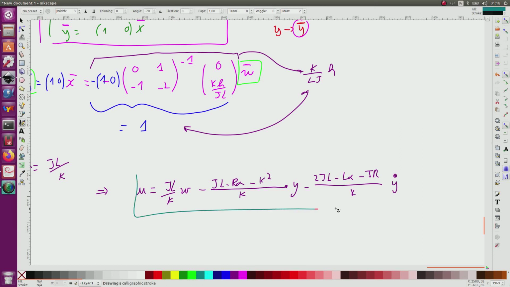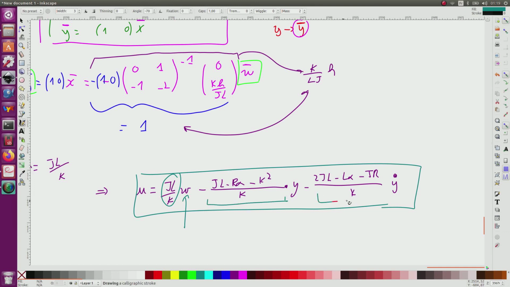So this is my controller, where I have my precompensator, the set point, the value I want, the proportional term, and the derivative term. A very classical controller, and here we have a way to compute the coefficients of the controller by using a pole placement method, since I have placed my poles at -1 and -1.